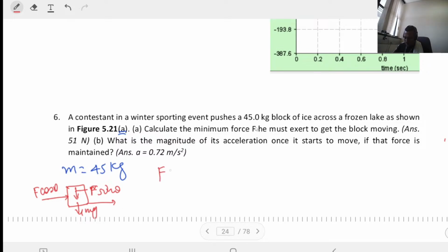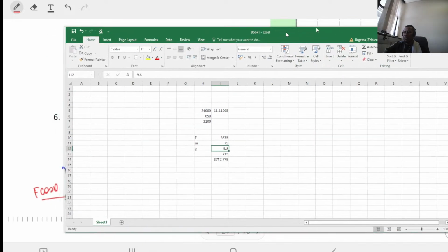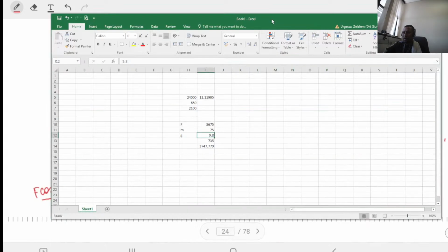Therefore, I will say F cos theta must be equal to MA. It's just started. What do I have? What if I say that what keeps this thing, assuming there is no friction, must be equal to mg. What do I get if I say so? Let me bring it in. The mass is 45.